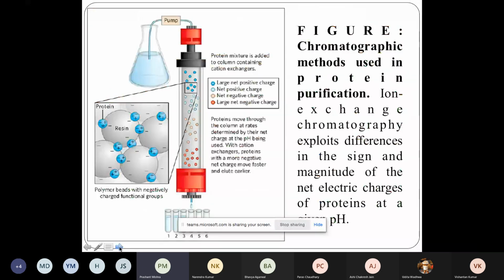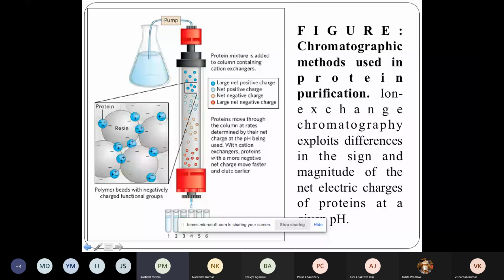And then we moved on to gel filtration chromatography. The previous one is an exchange chromatography, where you are using a resin which has a charge on the surface, and that's why charged protein binds.